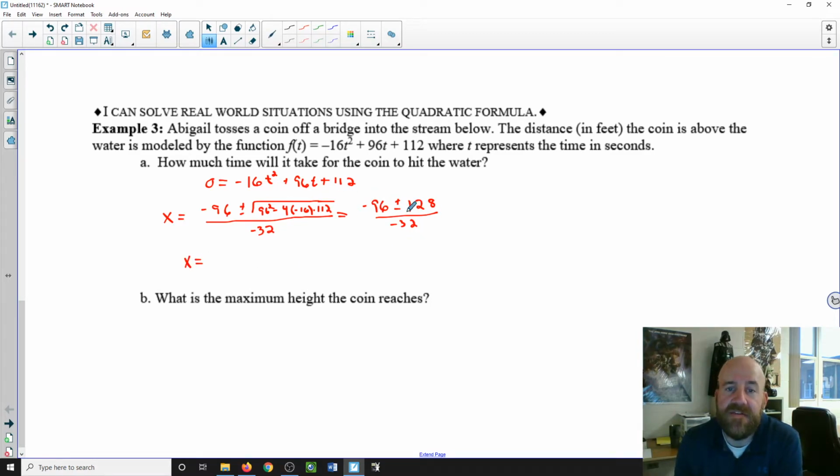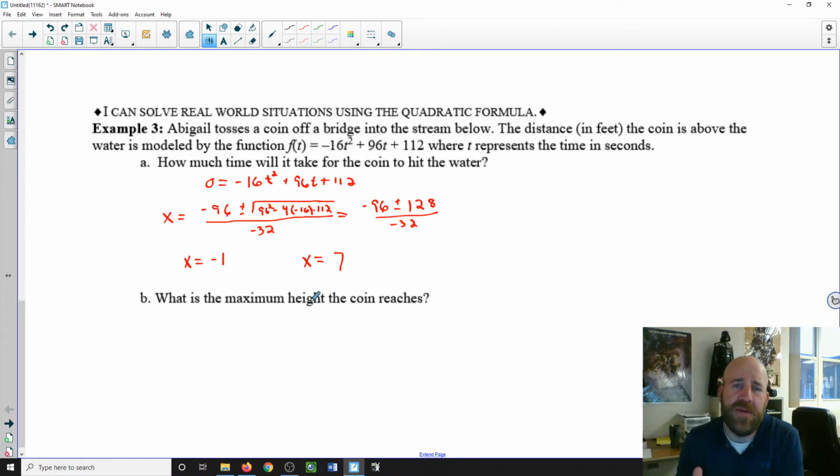So negative 96 plus 128 is 32. 32 divided by negative 32 would be negative 1. And then we get negative 96 minus 128 divided by negative 32 should be 7. Okay.